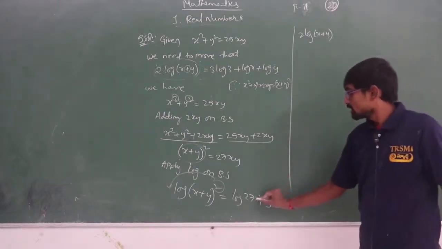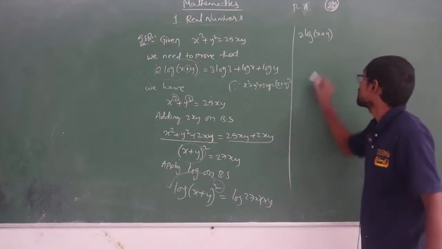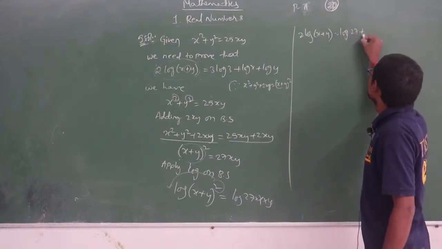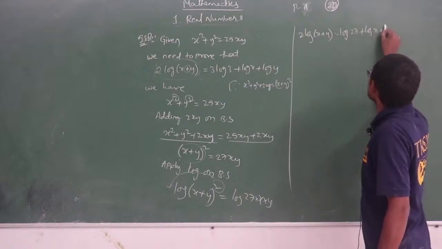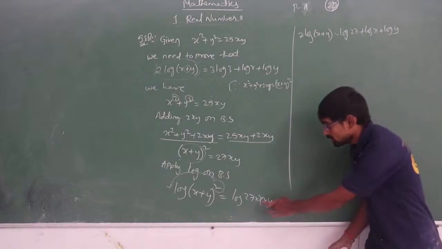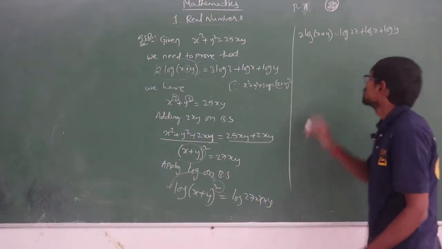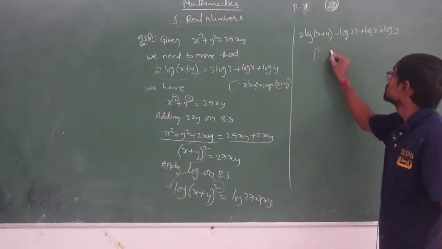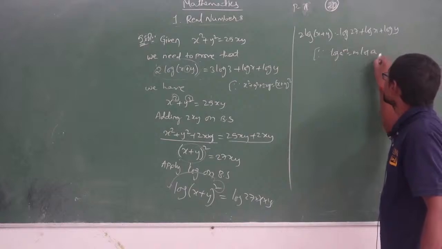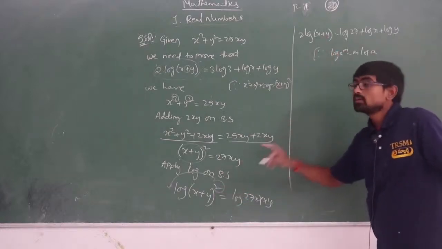Isn't it? The product and power rules. Again, can I write this? Here we have a multiplication symbol. Can I write this as log 27 plus log x plus log y? Isn't it? Why? Here I have a multiplication symbol. So the product rule, we know: since log a power m is equal to m log a, this one we have completed.